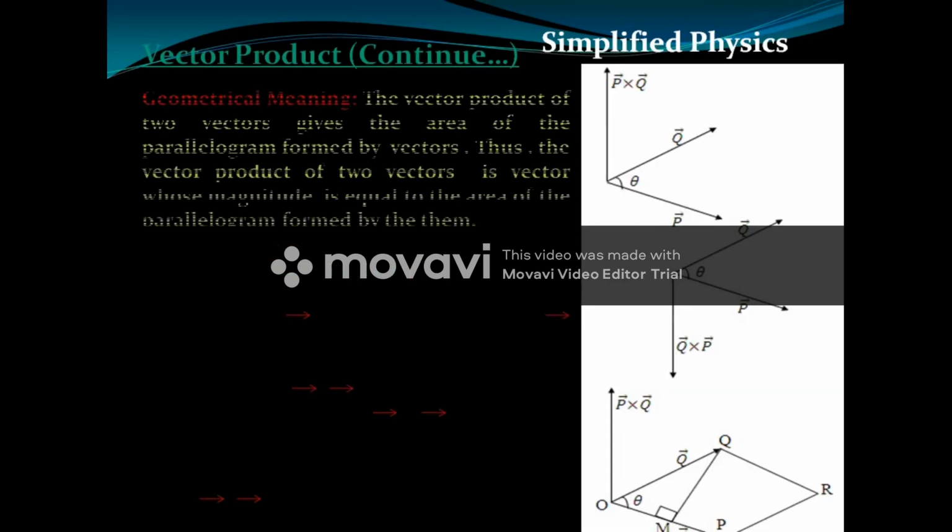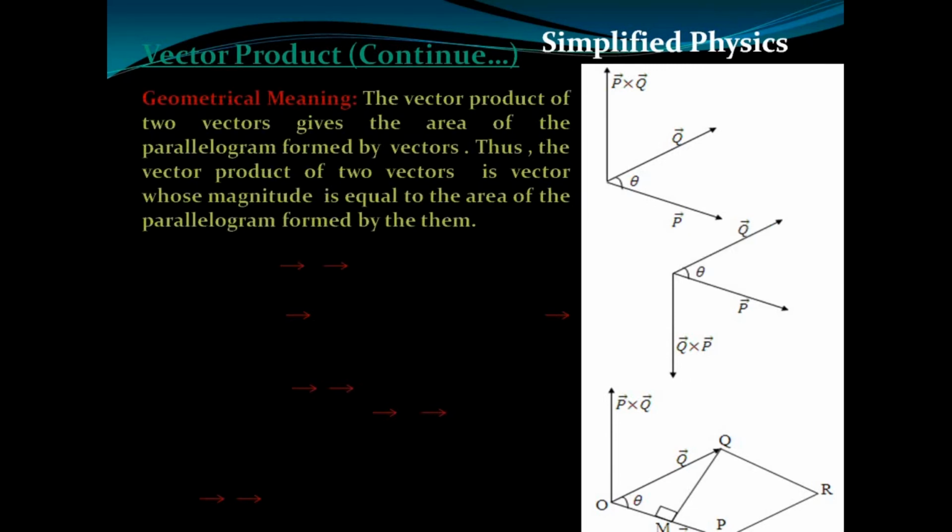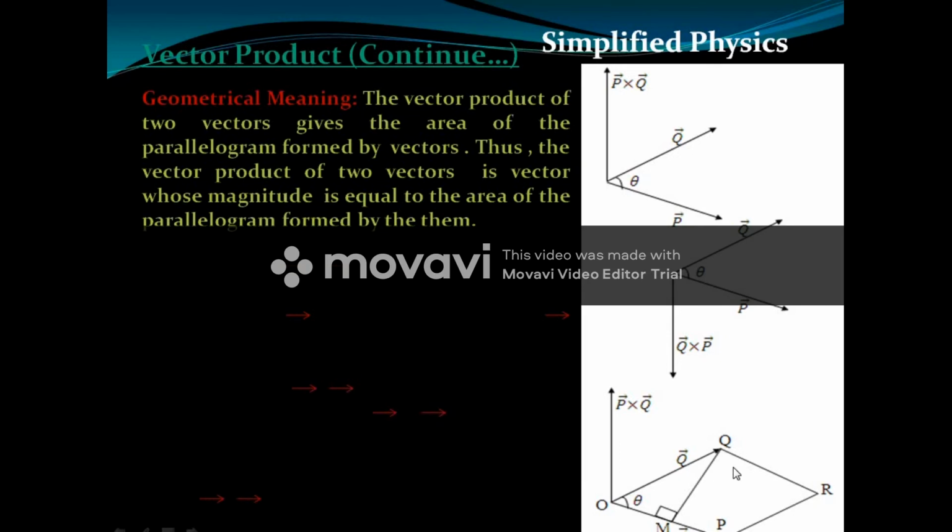Let's proceed. What does the vector product mean? The vector product of two vectors gives the area of the parallelogram, which I have shown in the third diagram here.